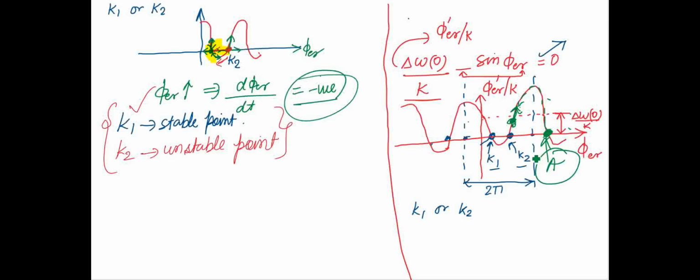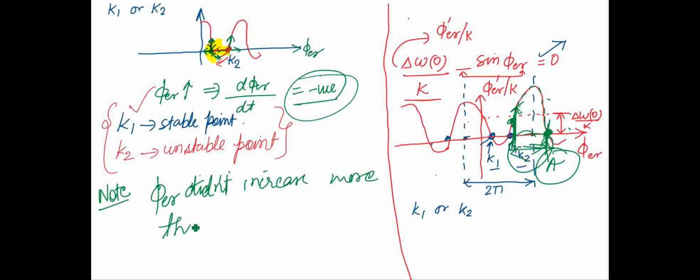But still you can see here that phi error didn't increase more than 2 pi. From here to here, it didn't increase more than 2 pi. So that is one note: phi error didn't increase more than 2 pi.